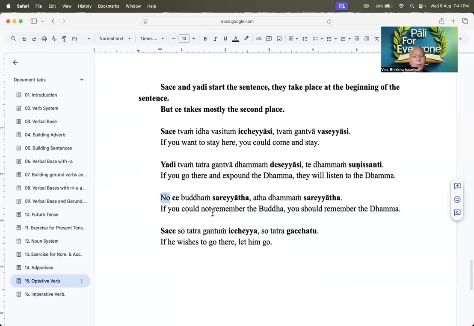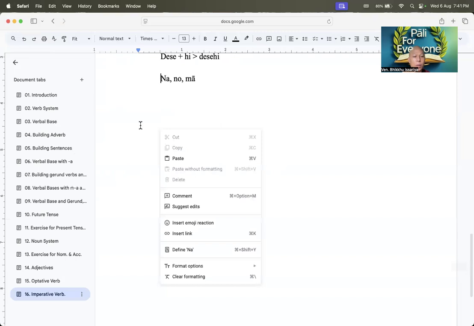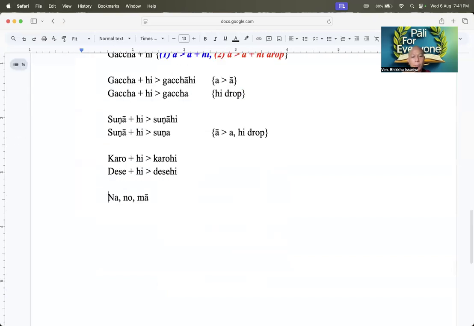That is why you could not in this way. So such a way also we can say. But even though we have the same, na also means not. No also, not. But mā is not just not, actually don't. Don't go, don't eat. A kind of prohibition, to prevent doing something. Don't go, don't eat, don't lie down, don't sleep like that. So that is the sense of prohibition, mā.